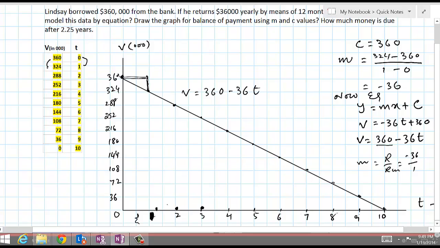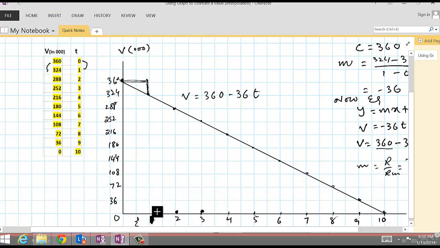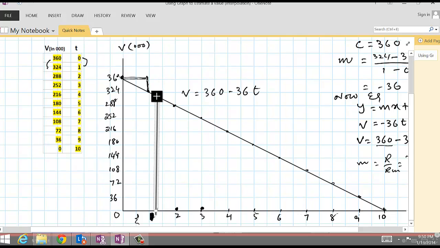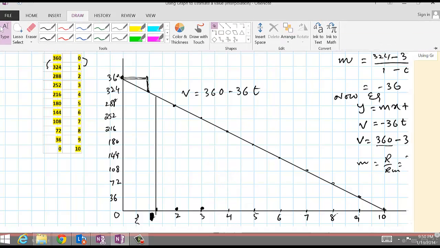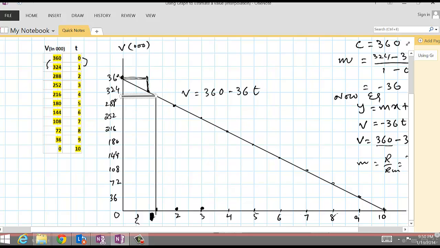First identify that point on the x-axis and then draw a straight line starting from that point, and that meets this, and then we can also draw another line from this point, and we can see that if this is 324 here and this whole thing is 36,000, we can subtract 1/4 of 36 from 324 to bring it down.